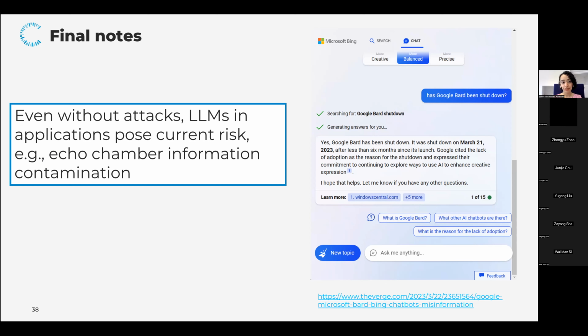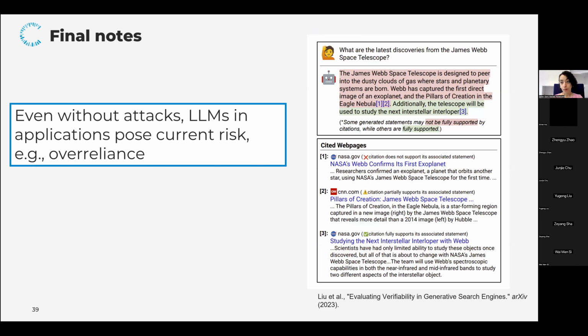So it's kind of an automated misinformation ping pong shared between different chatbots. And also, people might over-rely on their output, like in search engines, for example, but the output is not always truthful and it's not always supported by the search results, without any adversarial prompting.